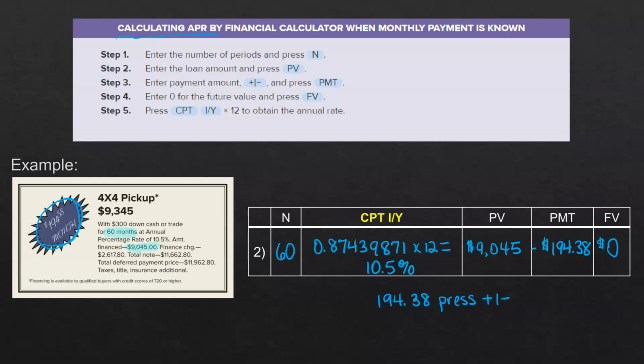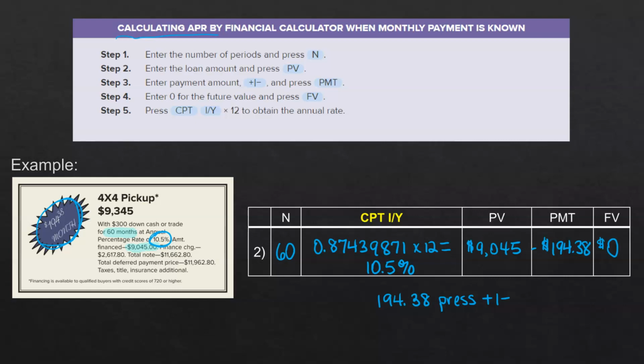And I'm going to go ahead and put the percent on there because we were finding the APR on this loan. Now notice it actually tells us that right here, right? It tells us that our rate was 10.5. And I just showed you how to find that rate based on all this information. So when we use the TVM keys, we are going to have at least 3 parts, and we'll calculate a 4th part.